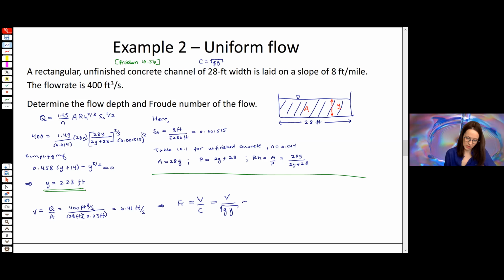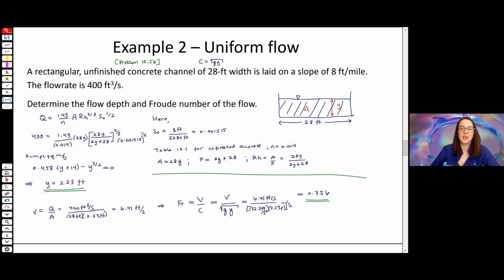So we'll do that here: 6.41 feet per second over the square root of 32.2 feet per second squared times 2.23 feet. And we get that our Froude number is 0.756.